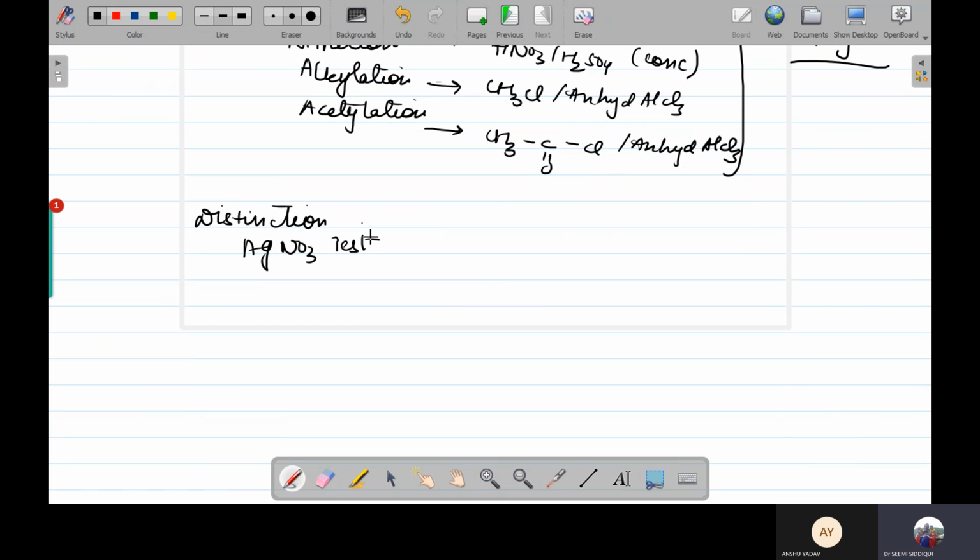If there is an alkyl, benzyl or allyl halide, then it is going to give a precipitate. If there is an aryl or vinyl halide, it is not going to give the precipitate.